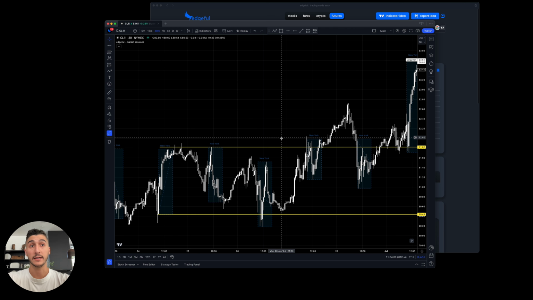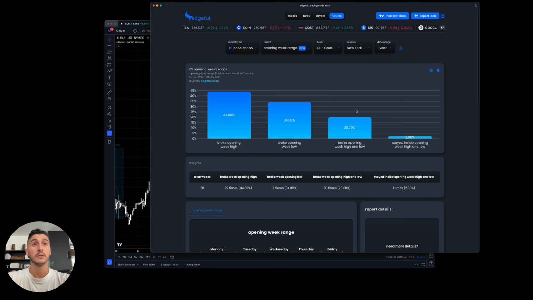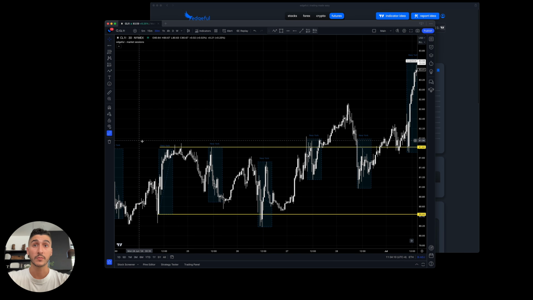So this is a lot less likely to happen. And then most importantly, this is the one that I really like to focus on, only 2% of the time price stayed within this range. So you definitely want to be targeting at least one of these levels to be hit, which is the high and the low made between Monday and Tuesday.